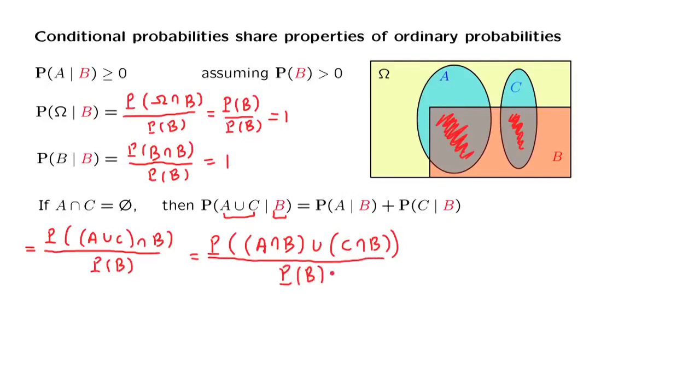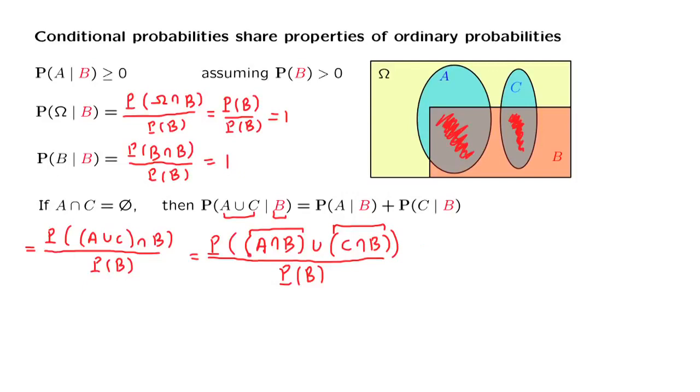And now let us continue. Here's an interesting observation. The events A and C are disjoint. The piece of A that also belongs in B, therefore, is disjoint from the piece of C that also belongs to B. Therefore, this set here and that set here are disjoint.